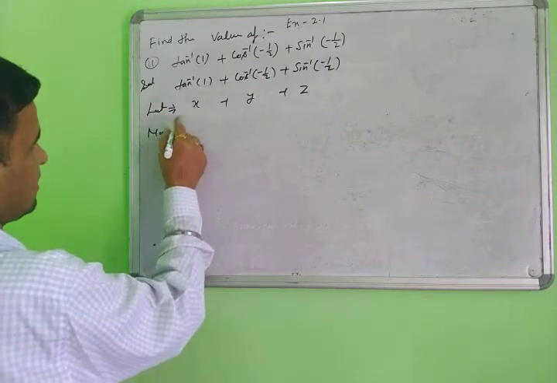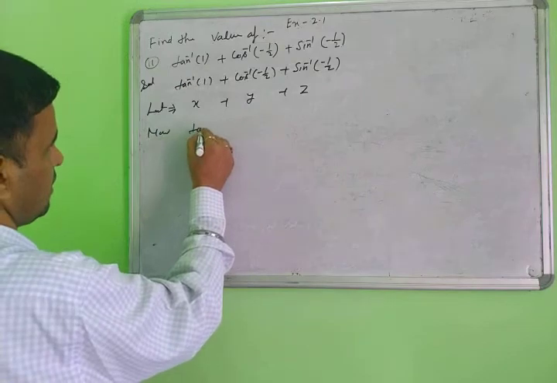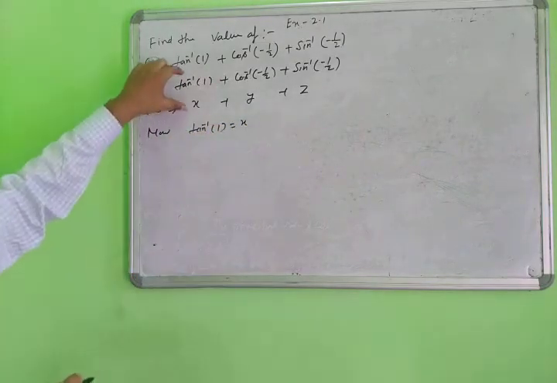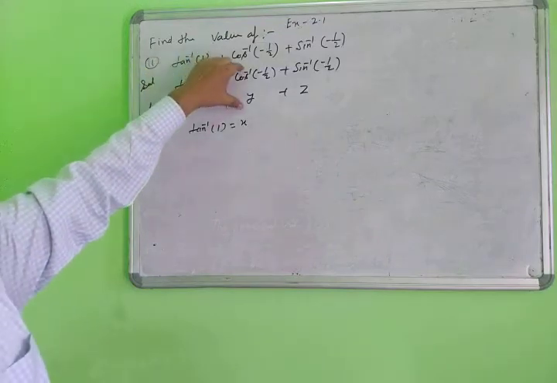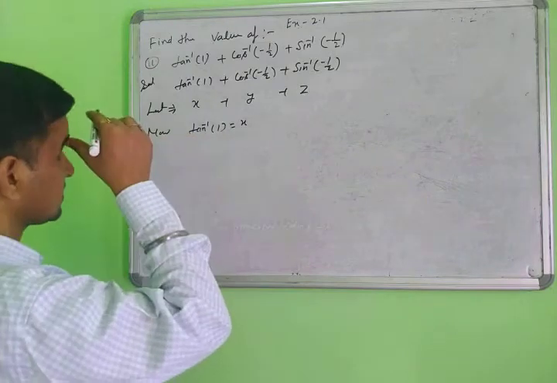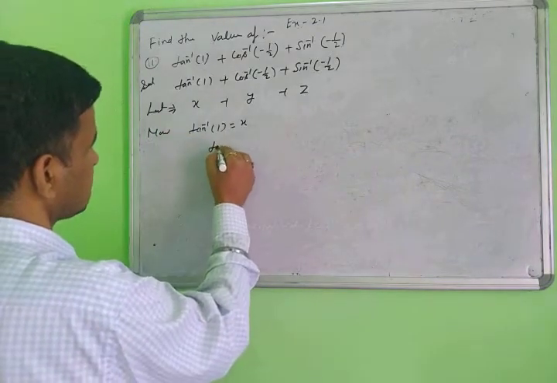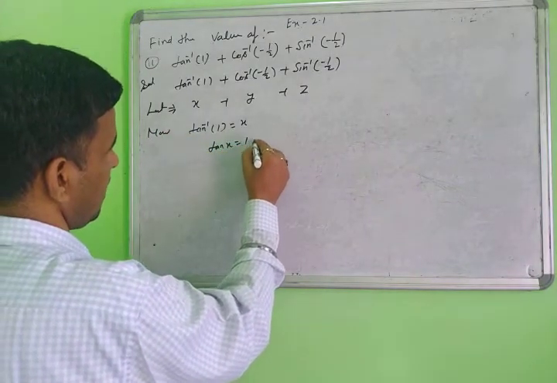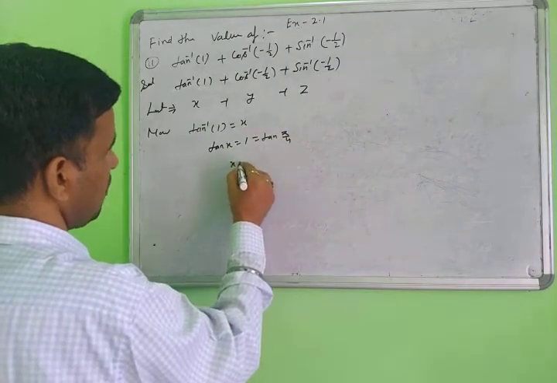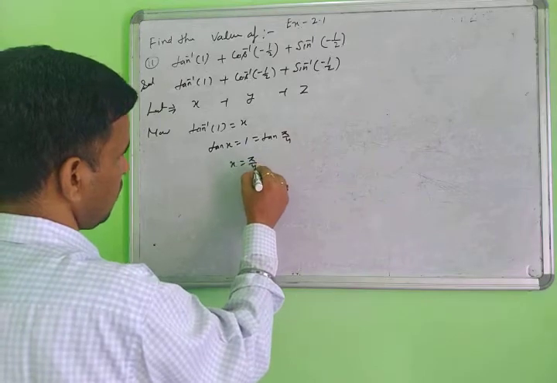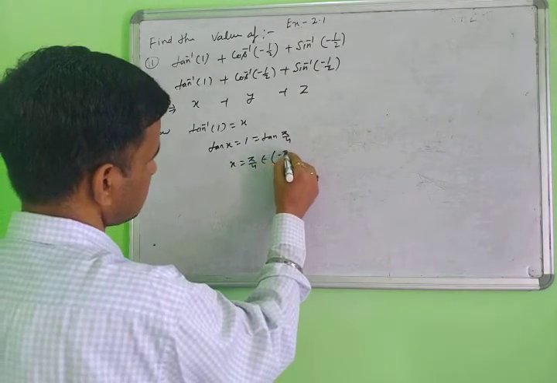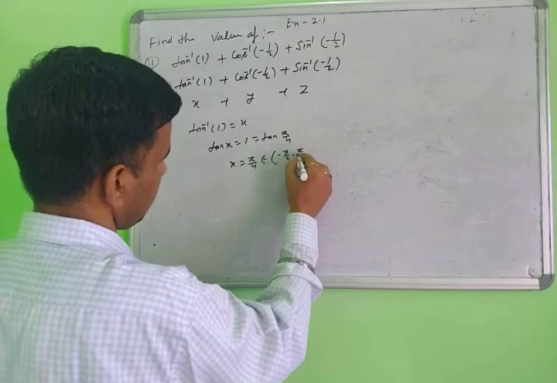Now first I am taking this part, tan inverse 1 equals x. I am taking the first part, tan inverse x. Then I am taking the second part. After that I am taking the third part. First, the first part, tan inverse 1. What value of x gives tan x equal to 1? This is the value of tan pi by 4. So x equals pi by 4. And this belongs to the interval minus pi by 2 to plus pi by 2.